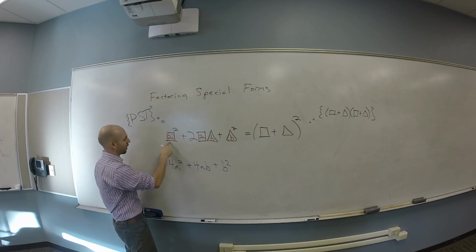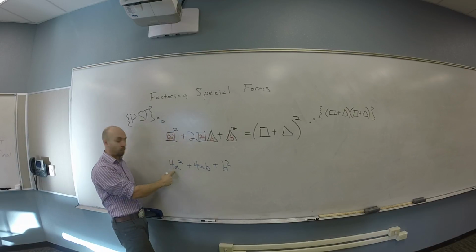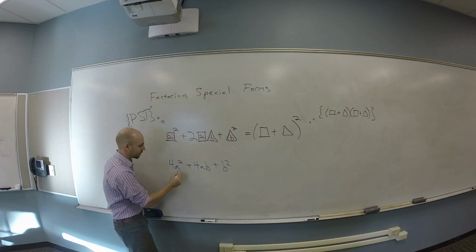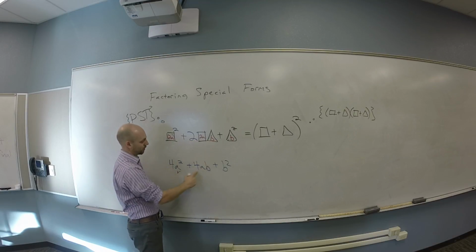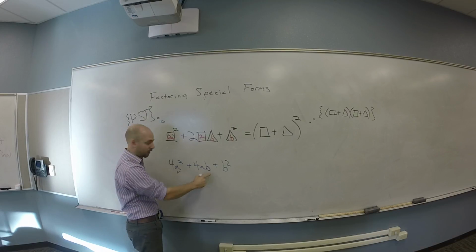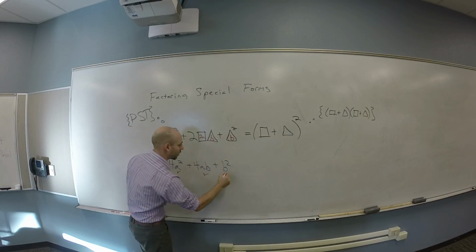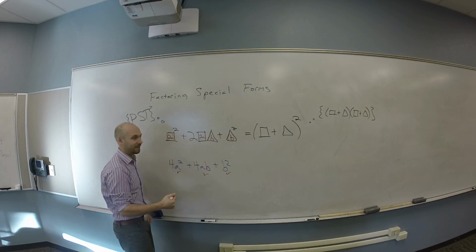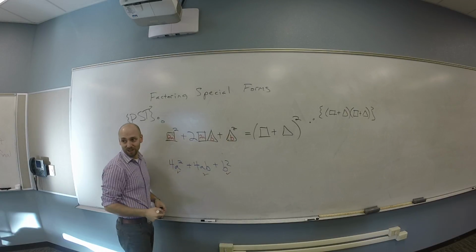If I take 2a, the quantity, and square the whole thing, do I get 4a squared? Yes. If I take 2 times 2a times b, is that 4ab? Yep. And b squared is b squared. I designed these two to work. All you've got to do is check if the middle one works.